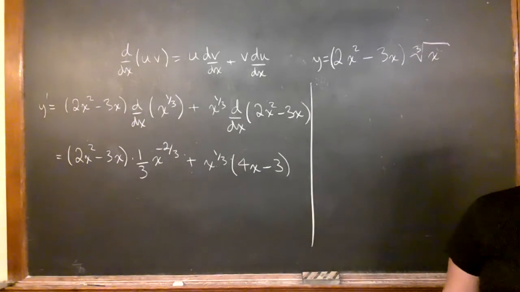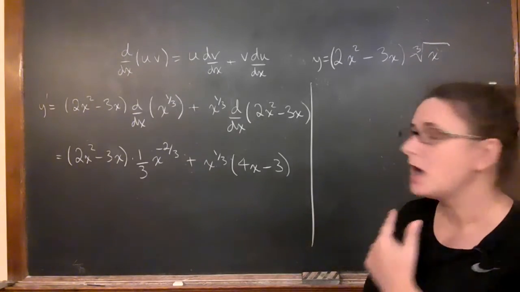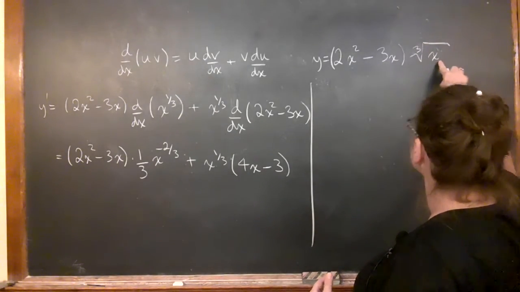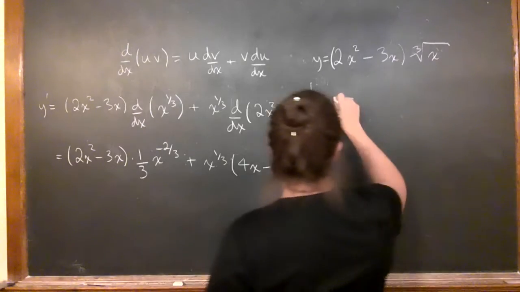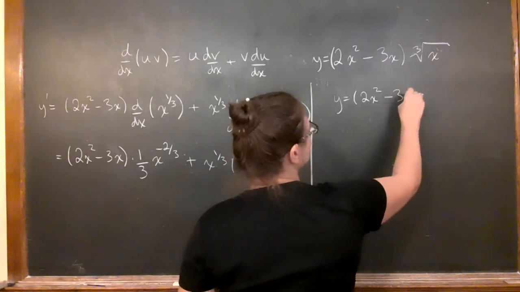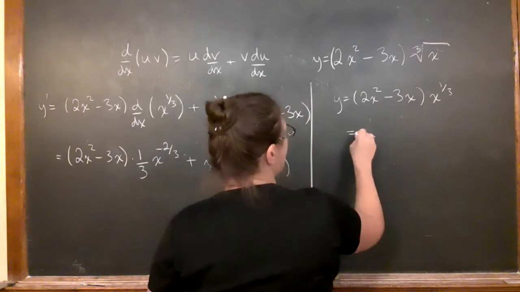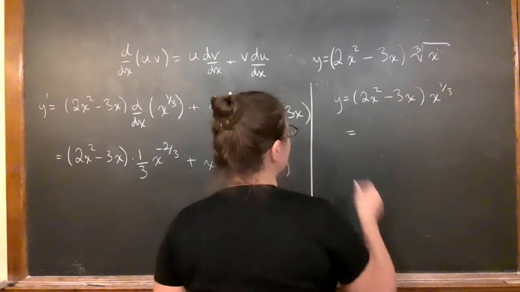Before I do that, I want to point out something else, though. Instead of having done it that way, I could have first simplified this, right? Because I could have written this as 2x squared minus 3x times x to the 1/3. And then I could have just pulled that guy right in there.